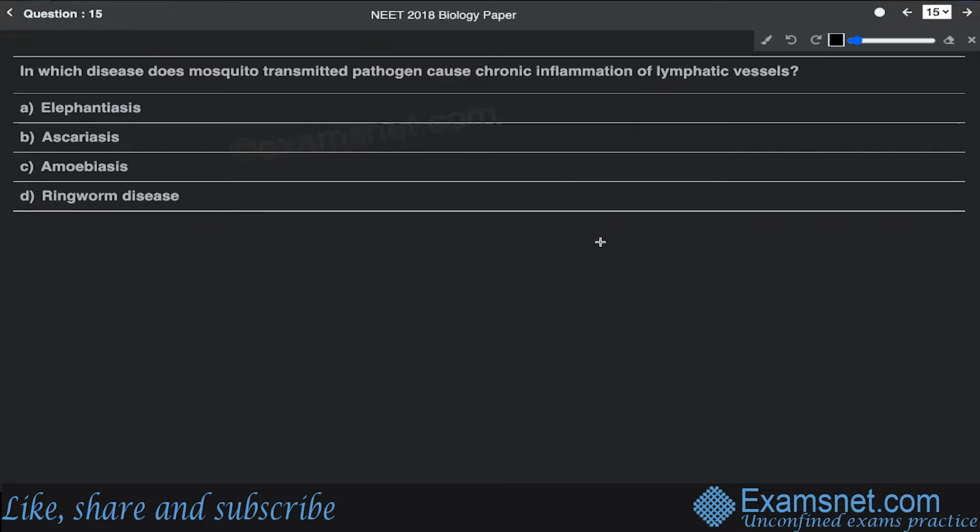Question number 15 says: in which disease does a mosquito-transmitted pathogen cause chronic inflammation of the lymphatic vessels? Options are elephantiasis, ascariasis, amoebiasis, and ringworm disease.